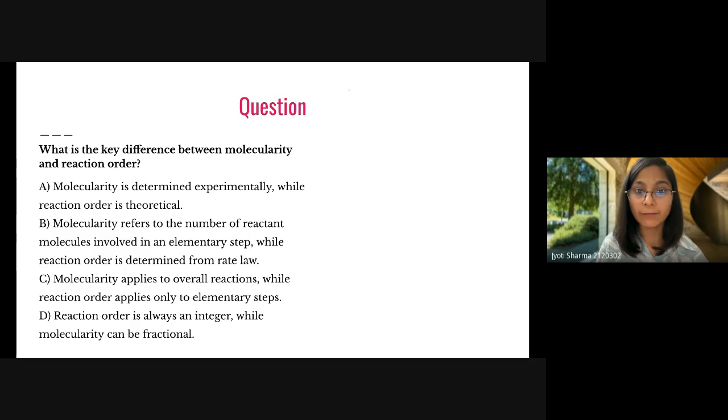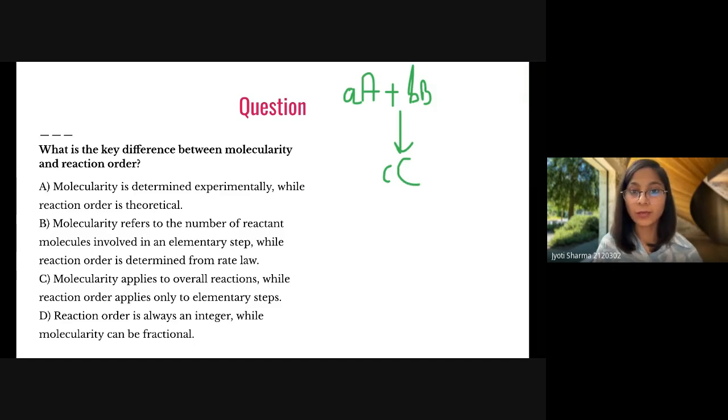For example, if we have this reactant A and B giving C, this is your reaction.